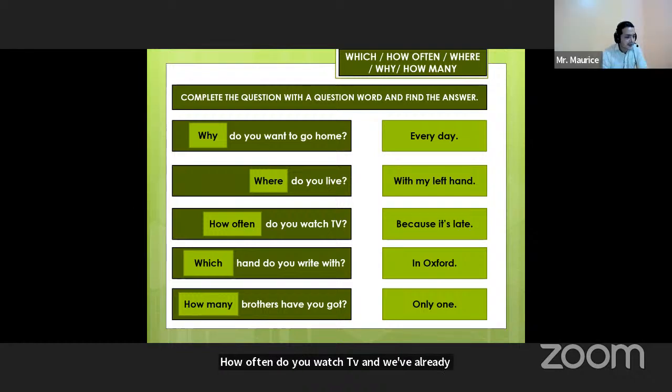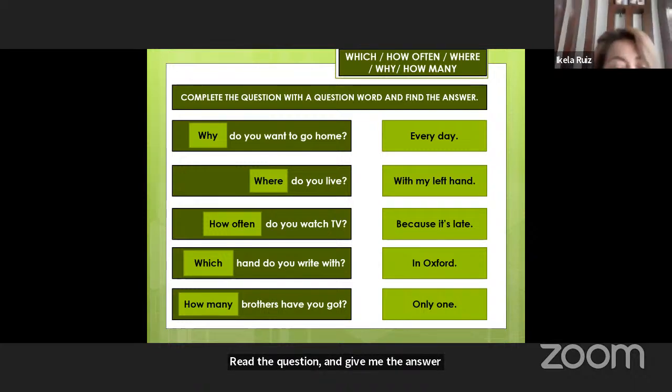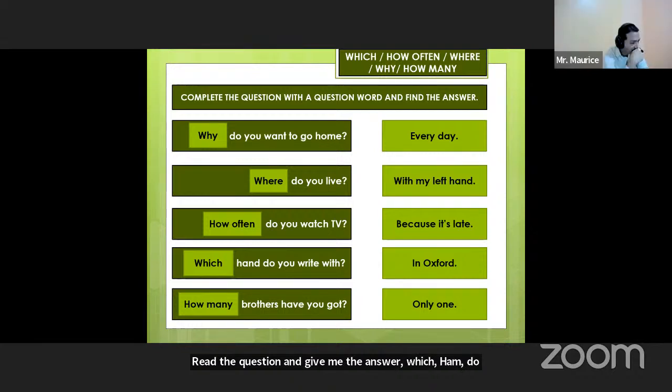Thank you. Okay, let me see. Ikela Ruiz, please help me with question number 4. Read the question and give me the answer. Which hand do you write with? With my left hand. Okay, question number 5, please.